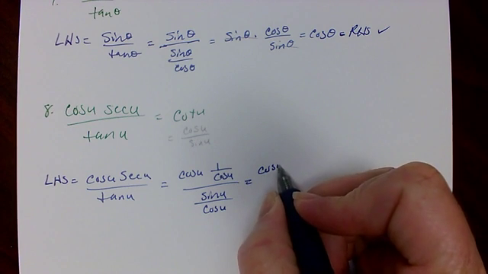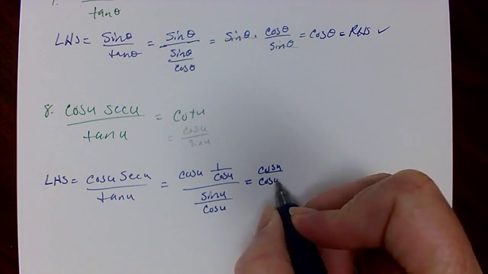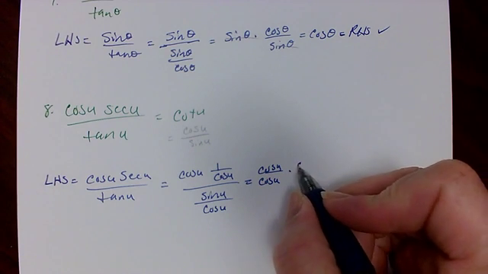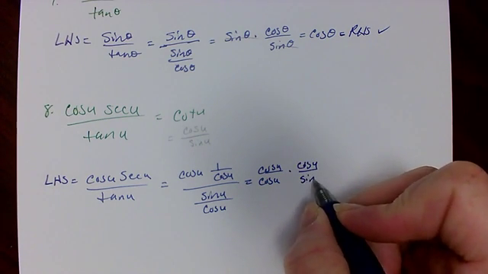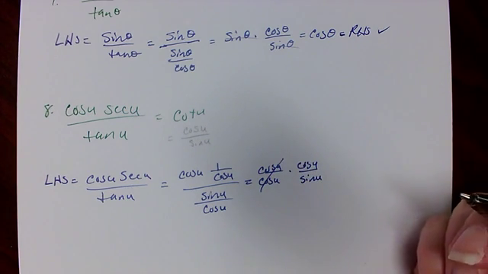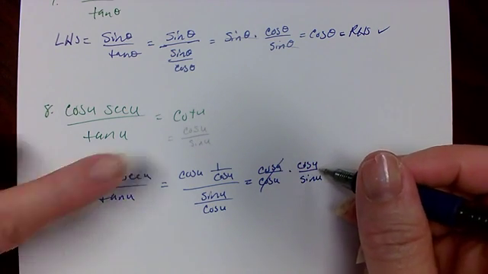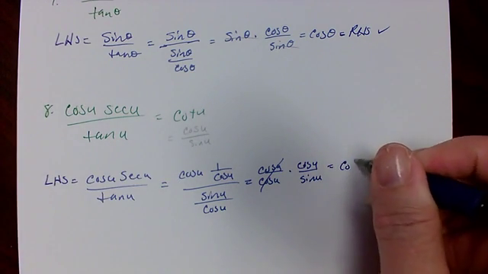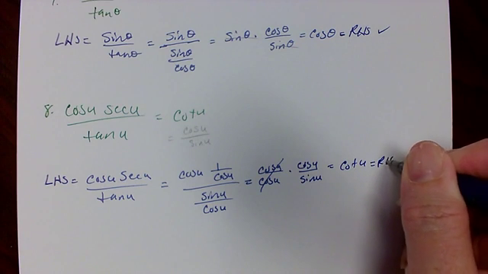That'll get us cosine u over cosine u times, again, we don't divide by fractions, we multiply by reciprocals, which is cosine u over sine u. Well, cosine u over cosine u just cancels. It'll be 1. And then here we have our cosine u over sine u, which is equal to cotangent u, which is equal to our right-hand side.